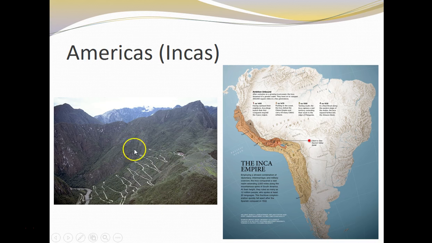And because they were up in the mountains, they were known for their steppe farming as well. They'd level off certain areas so that they could farm them. And like the other American civilizations that we talked about, they used stone tools and stone weapons to create all their amazing developments.